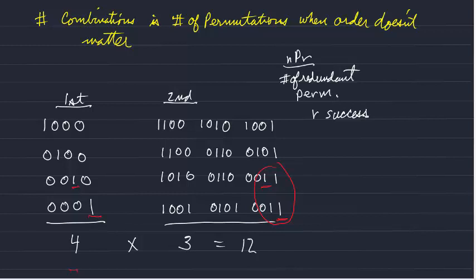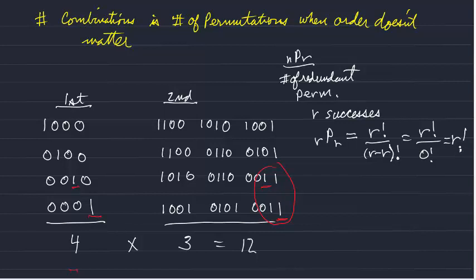We have to ask the question, how many permutations of R successes can we have? That is, how many permutations of R out of R successes can we have? And the answer to that is R factorial over R minus R factorial, and that's equal to R factorial over 0 factorial, and 0 factorial is defined as 1, so that gives us R factorial.